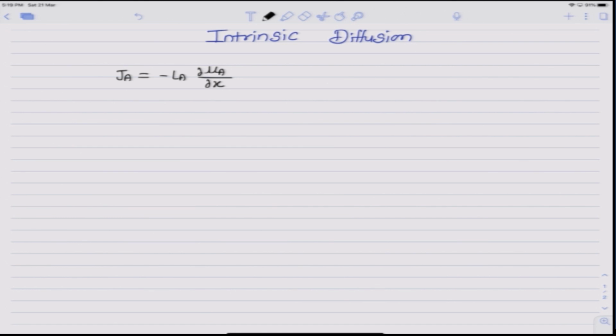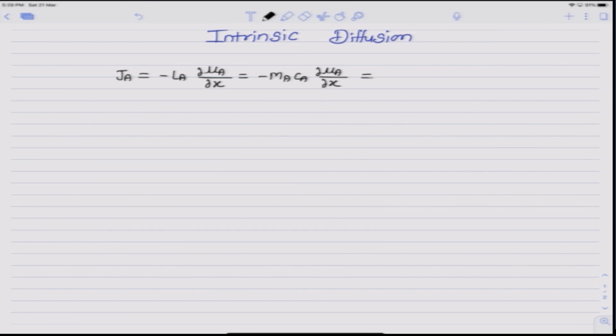Remember, this applies when there is a vacancy equilibrium achieved at every plane within the diffusion zone. In terms of mobility, we can write it as minus M_A C_A ∂μ_A/∂x, where M_A is the mobility of A and C_A is the concentration of A.